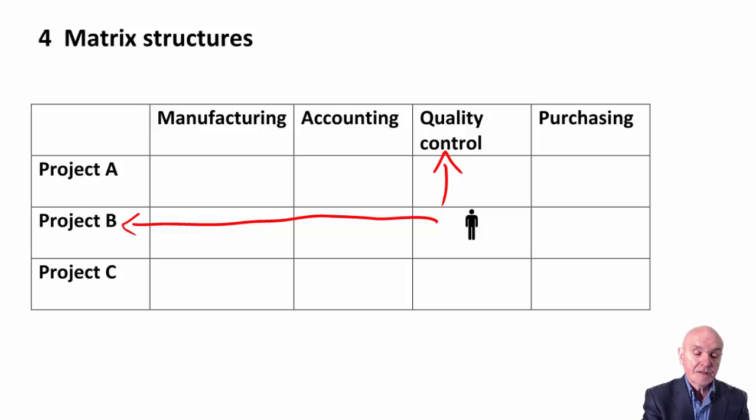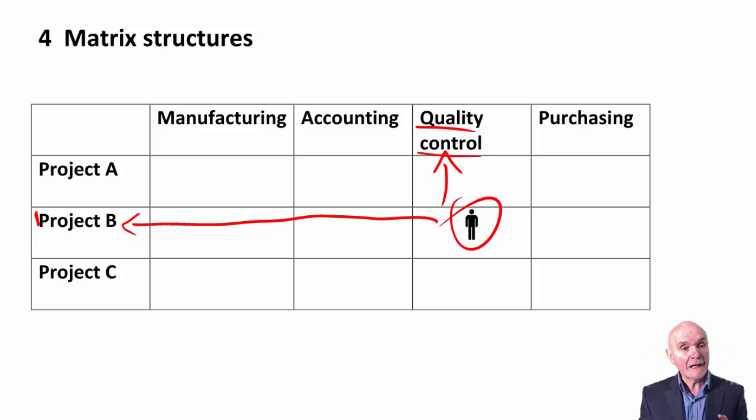They will come under pressure from the Project B manager to hurry up and cut out some of these quality control tasks because he needs to finish on time, but also pressure from the quality control manager saying, no, do all the tests, because we don't want to release a product or sign off a building if it's unsafe. You've got these two people applying pressure to this person, which is the reason why matrix management was thought to be unfair.